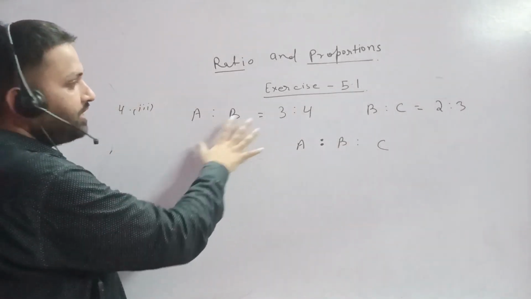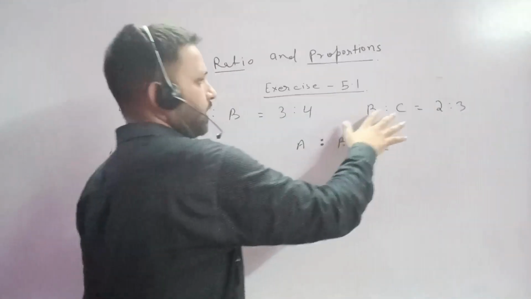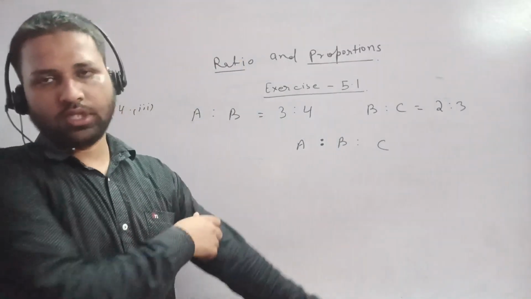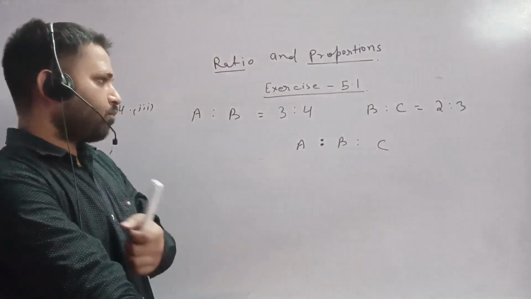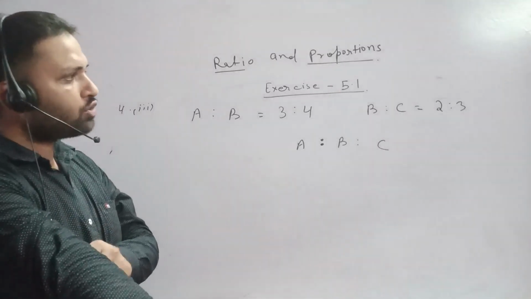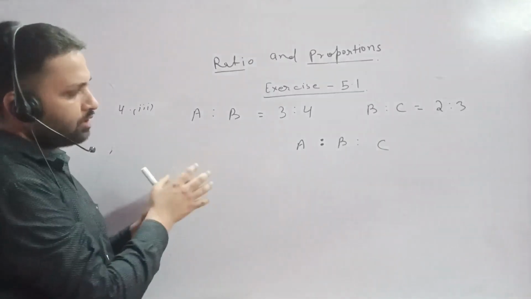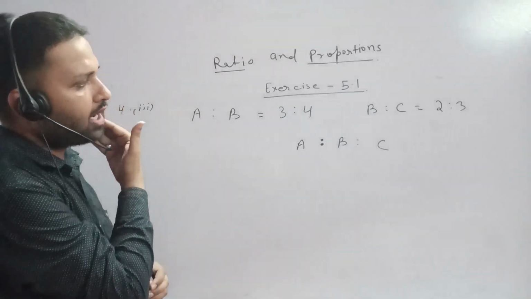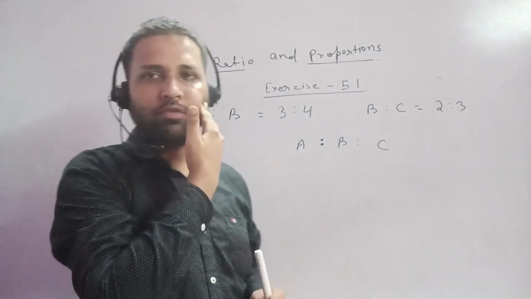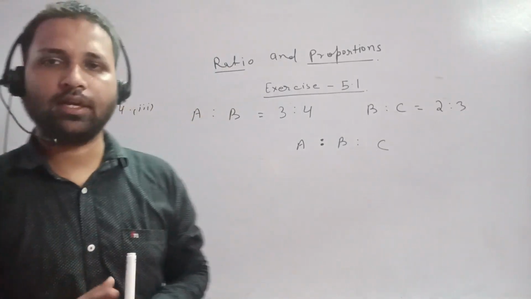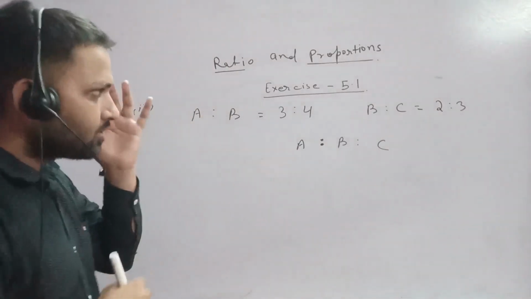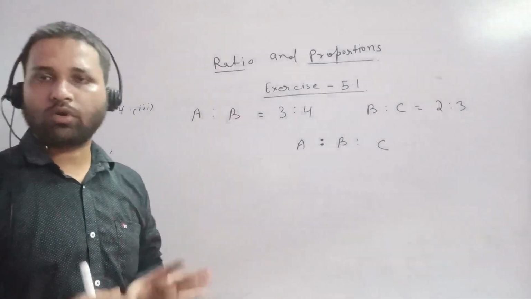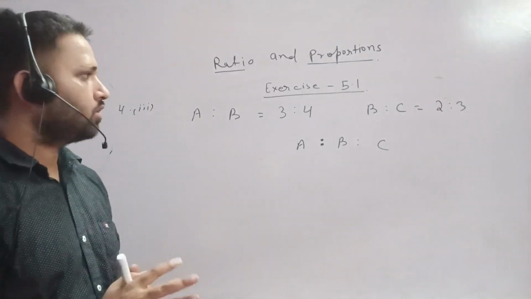A is to b is given and b is to c is given. We have to find a is to b is to c. Our process is, first of all, see that if this type of question comes, we have to see the most important thing: which number is common in the two ratios.